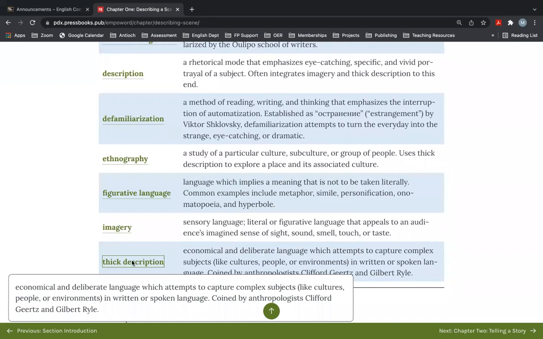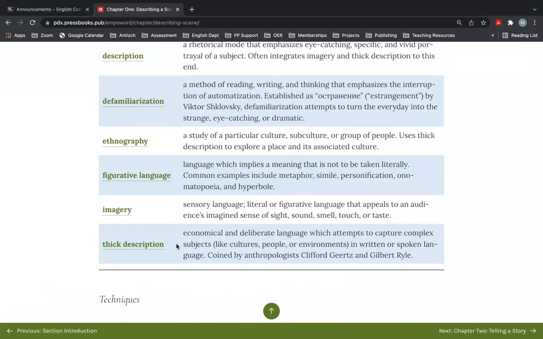And thick description here is basically the deliberate choices we make in writing as we try to capture something complicated. But I'm going to argue that thick description can be used even if it's not something really huge and complex.